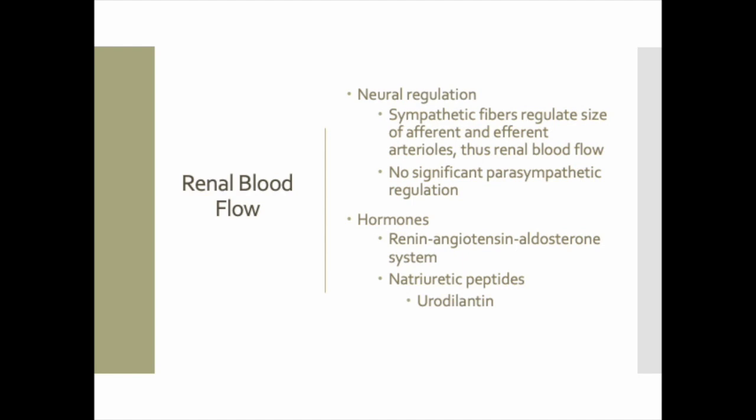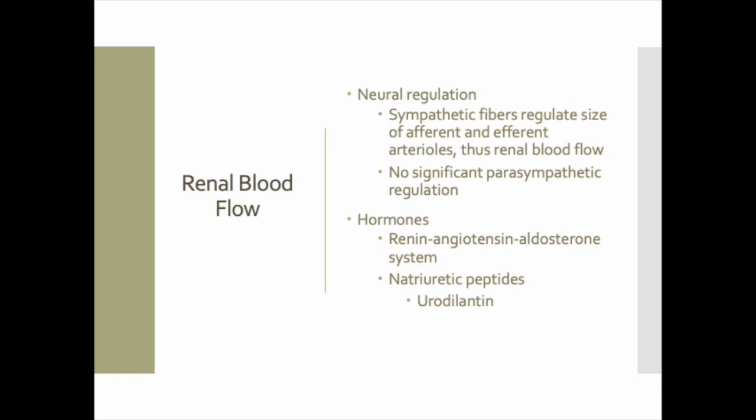So I mentioned the renin, angiotensin, aldosterone system just briefly, and it helps to regulate our renal blood flow. In general, hormones and these other mediators can alter the resistance of the renal vasculature by stimulating vasodilation or by stimulating vasoconstriction.